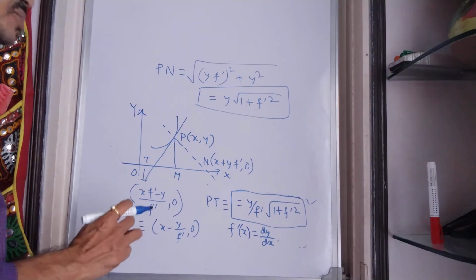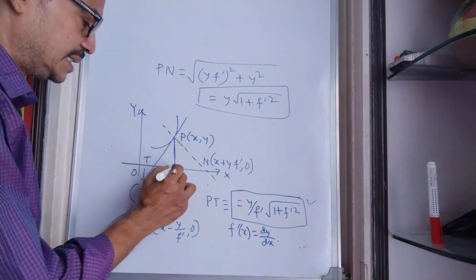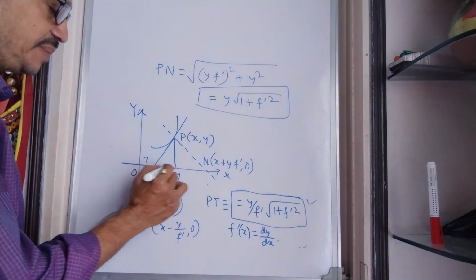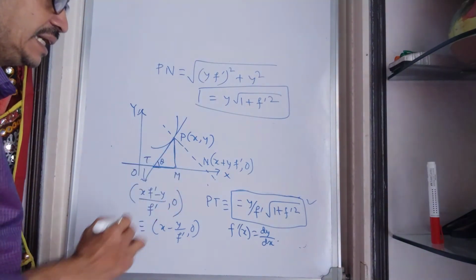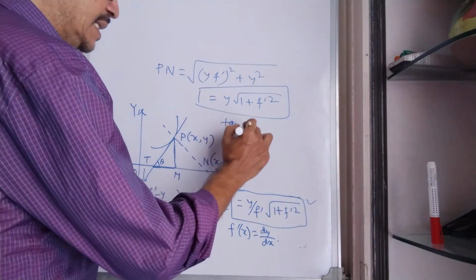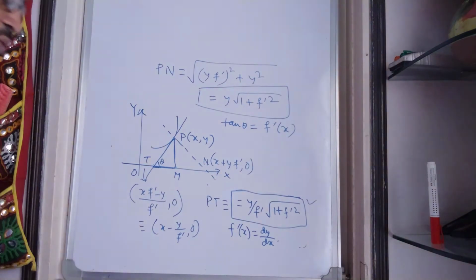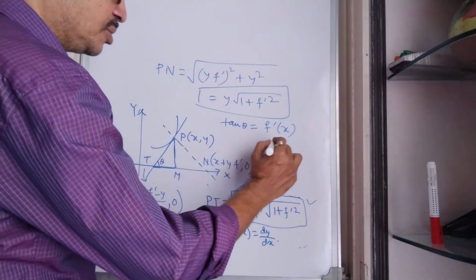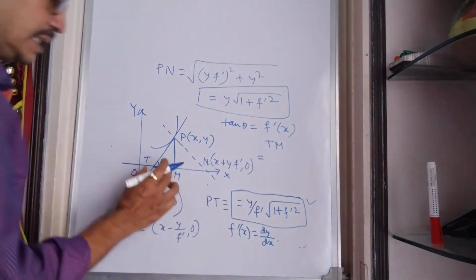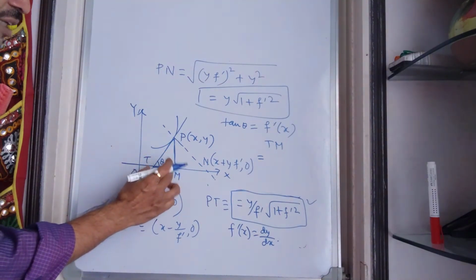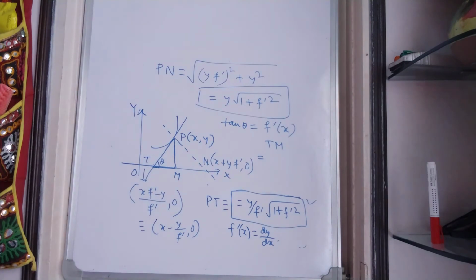It's quite easy to see from this triangle, since this is a right angle triangle, this is the hypotenuse PT and this is the base TM, and this angle is theta, tan theta is given by f prime x. So what will be the length of the subtangent? TM is the subtangent, defined to be the projection of tangent on the x-axis.